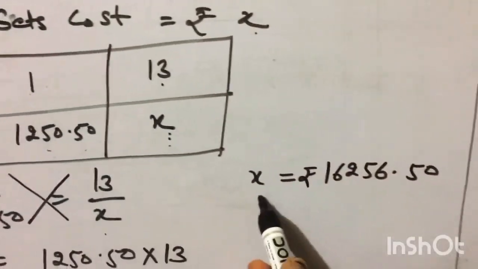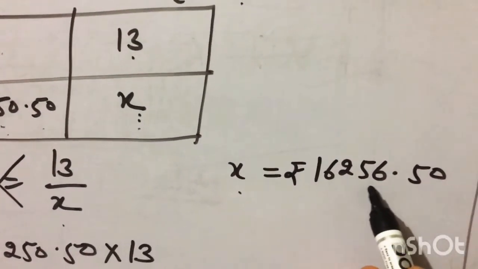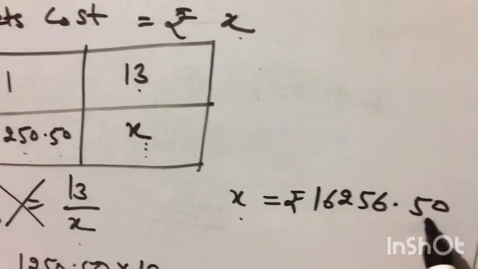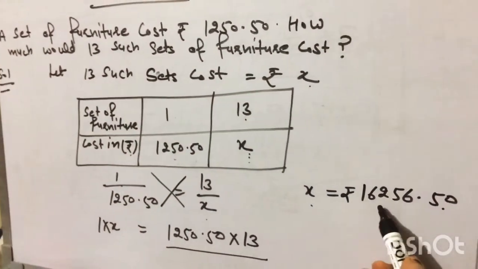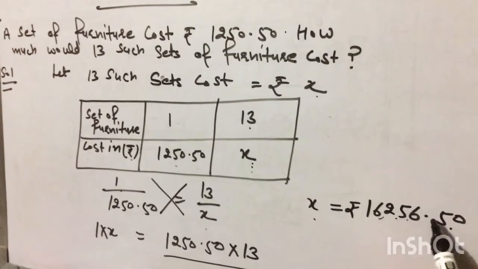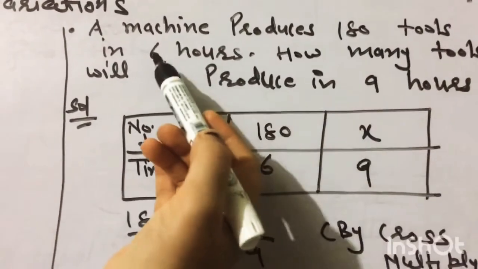When we multiply, we get rupees 16,256.50. So the cost of 13 such sets of furniture is rupees 16,256.50.